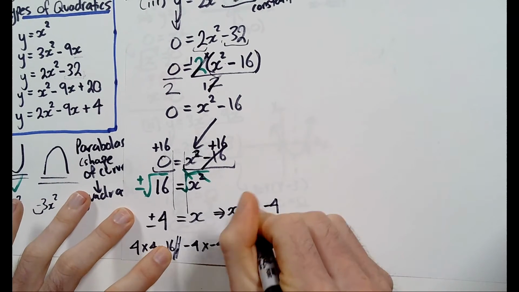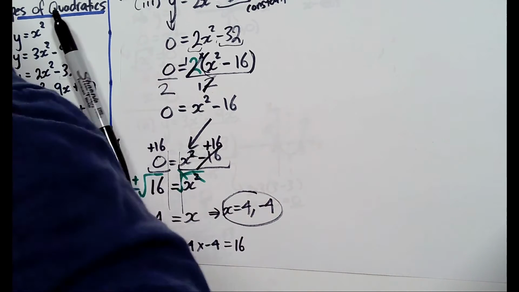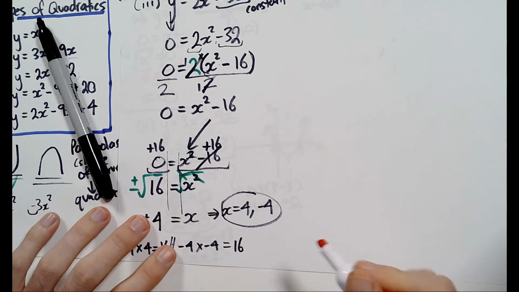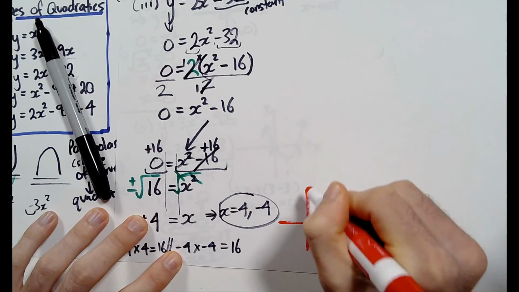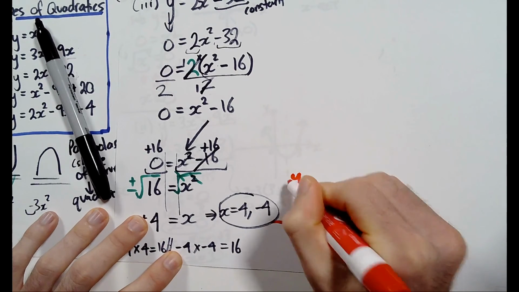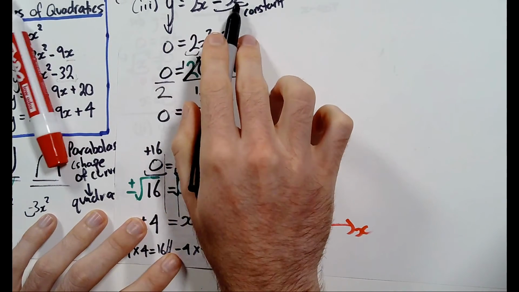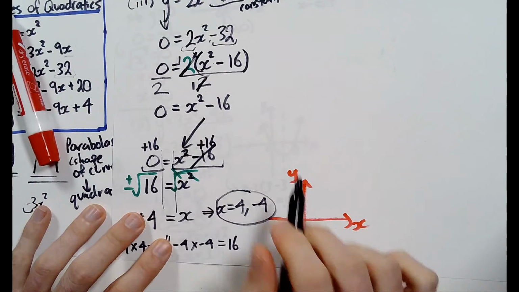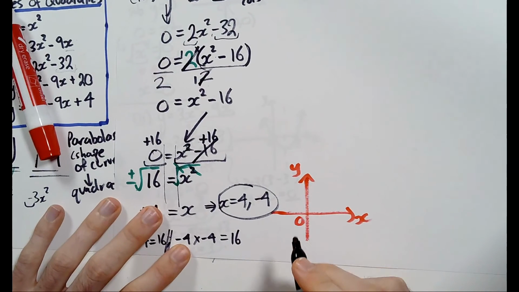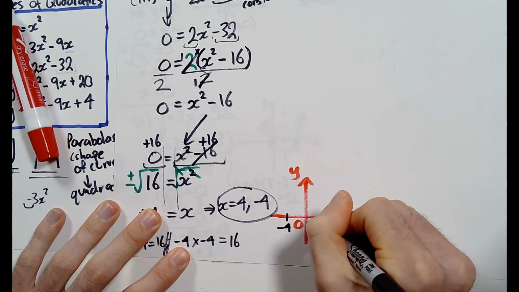So what does that mean for my graph? And you should always make your answer clear, typically by circling it. It means that if I was to graph y equals 2x squared minus 32, which is this up here, I know that the x-intercepts are negative 4 and 4.